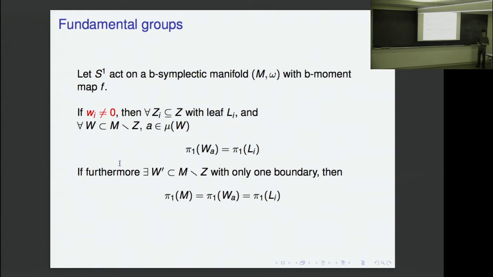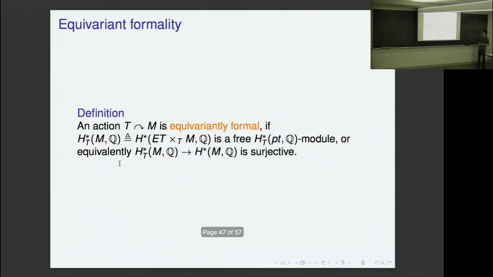And besides the fundamental groups, we can also use the Morse theoretic arguments to calculate, say, cohomologies. And we are going to be more interested in equivariantly formal torus action.